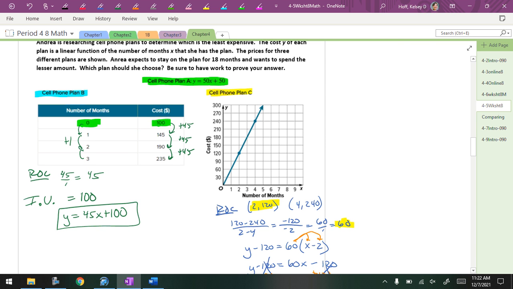Okay, how am I going to figure out which one's the best? Okay, go to every single one of them. Aspen, he beat you saying that out loud. I saw your hand go up. Take a minute, plug in 18 for each of them, and figure out what plan A charges, plan B charges, and plan C charges, so we know which one to choose.